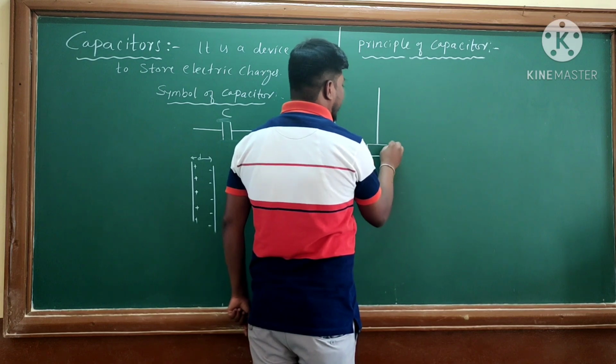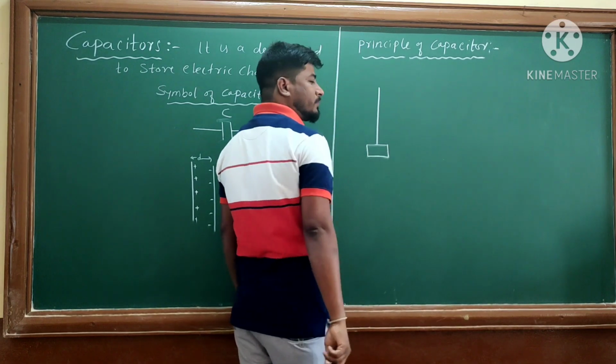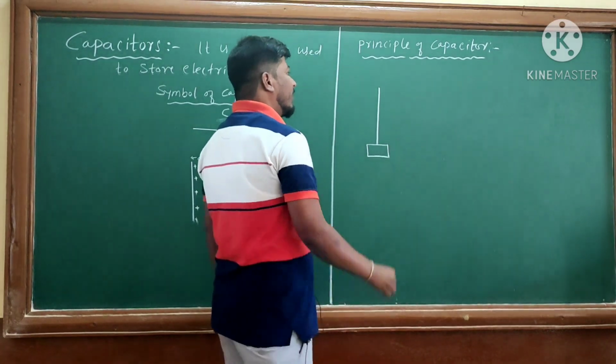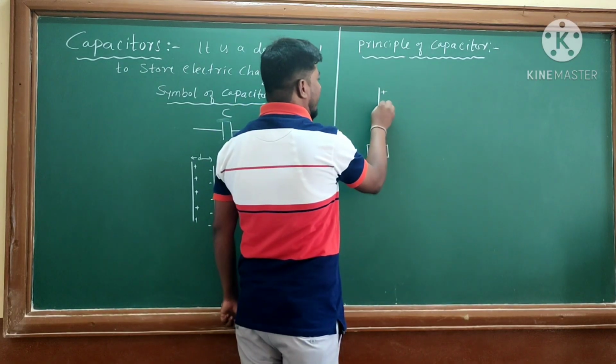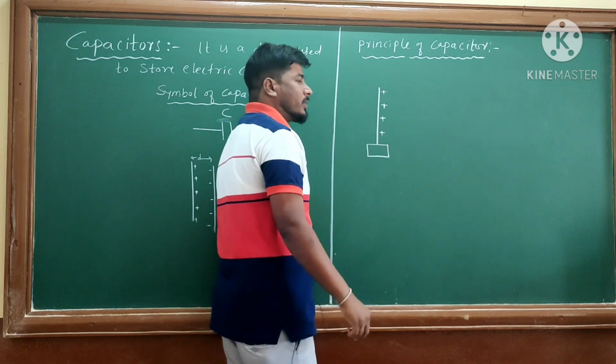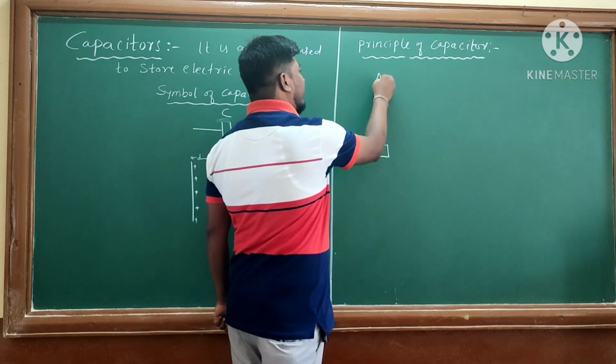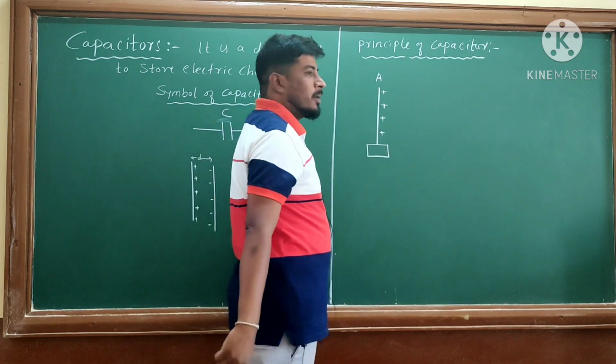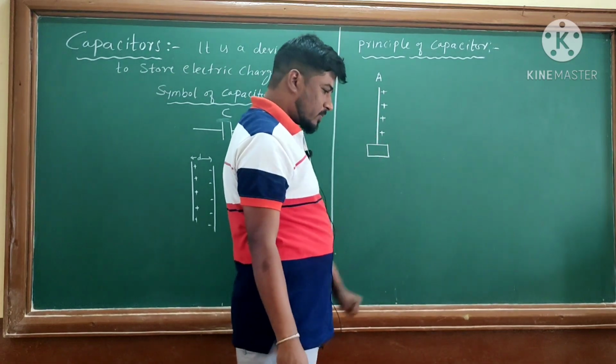Say there is one conductor, and it is positively charged, called A. There is one conductor A which is positively charged on the surface.